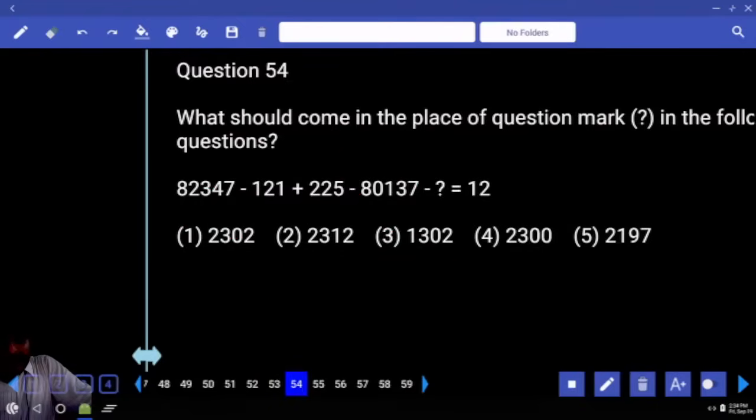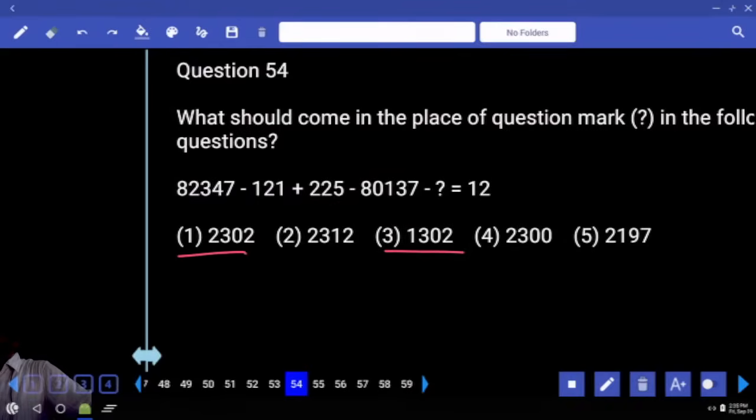Let us see our luck. Last digit: 3 options ending with 2, 2 options ending with 02, 3 options ending with 302. First option and third option, last 3 digits are same.